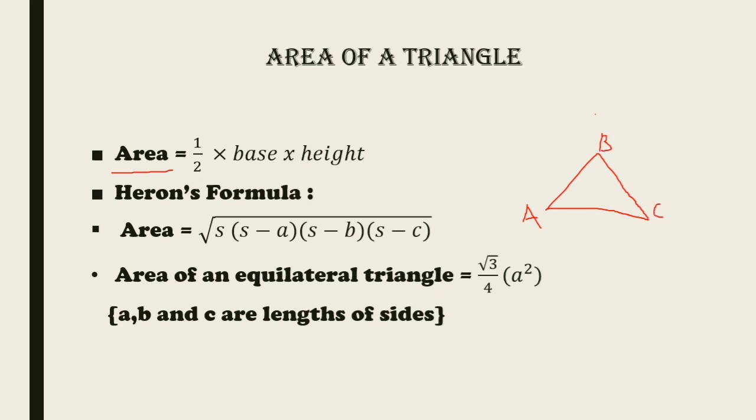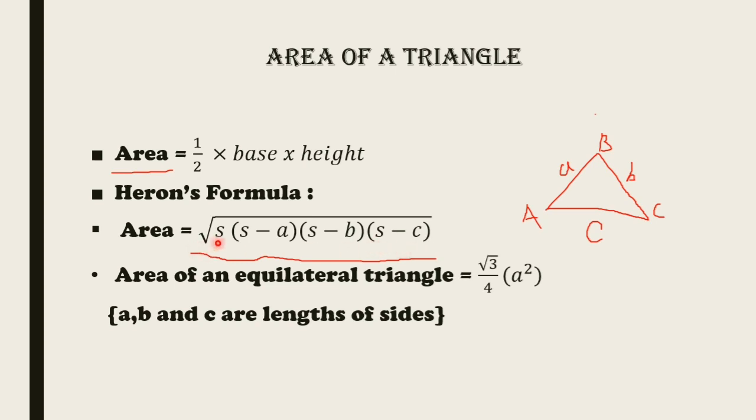For example, side AB has length c, side BC has length a, and side AC has length b. Then the area of the triangle by Heron's formula is the square root of S into S minus a, S minus b, and S minus c.